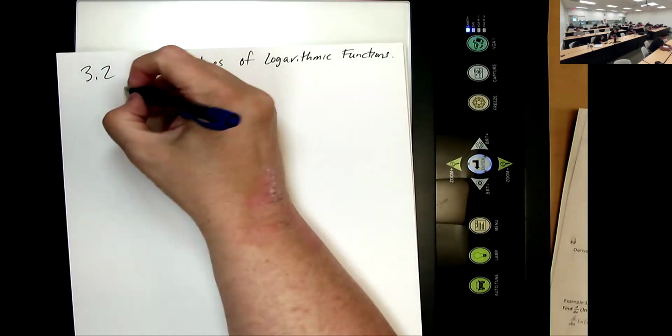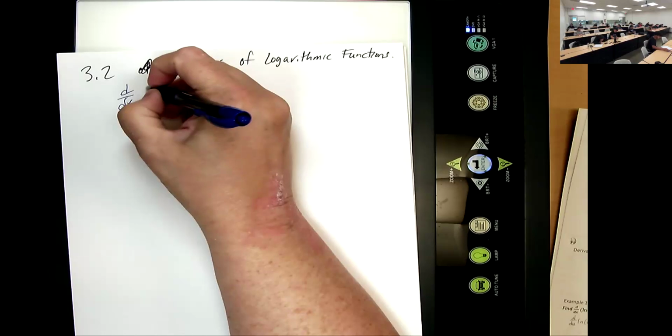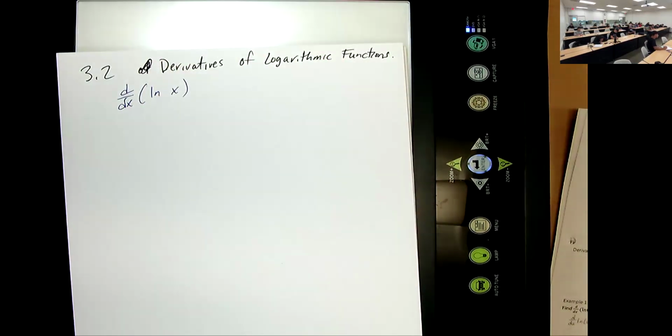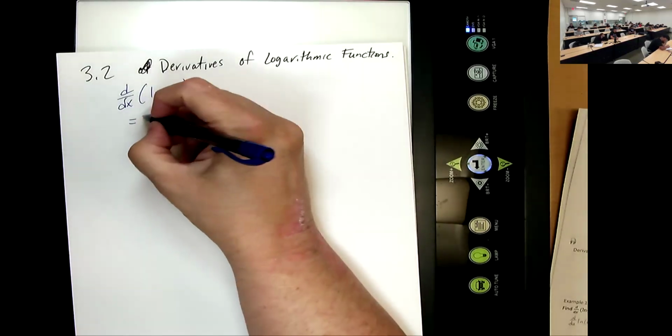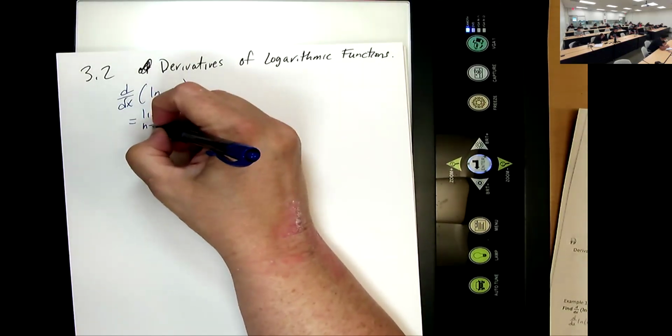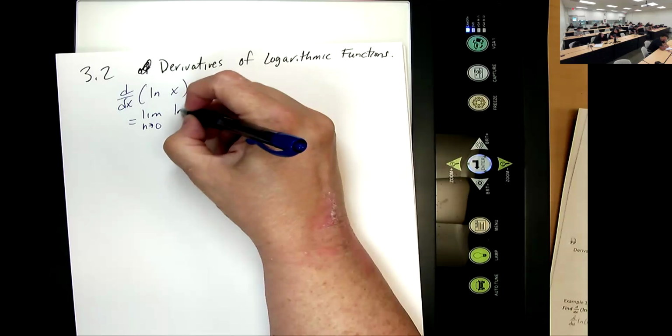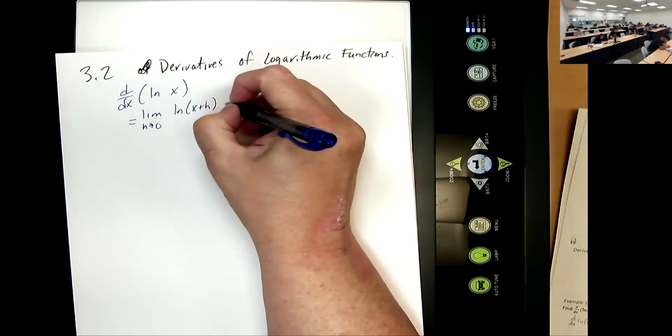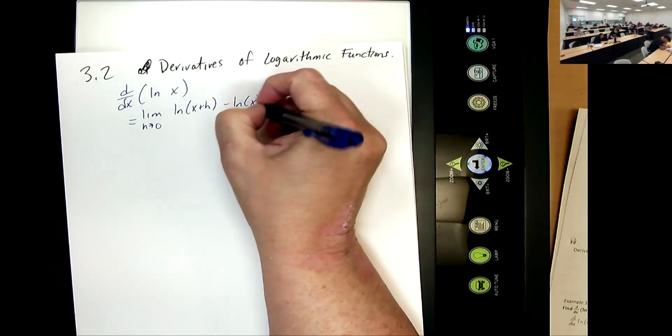So we're taking the derivative, we're going to start with the natural log of x. And to do this, we are going to switch to the limits. This is natural log of x plus h minus natural log of x over h.